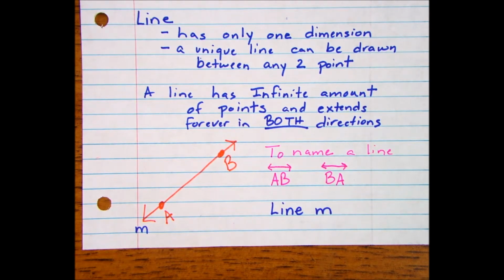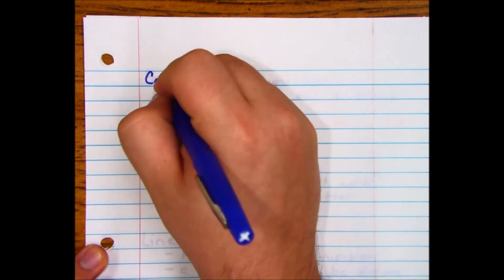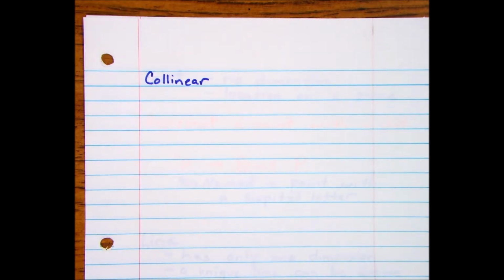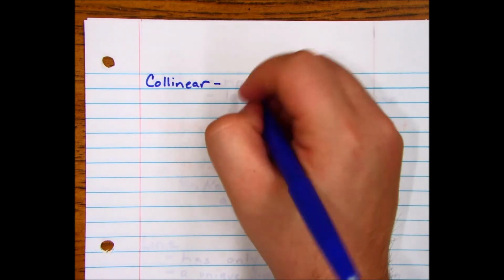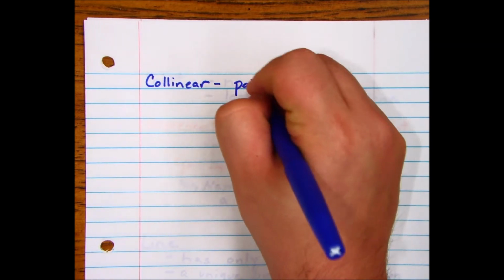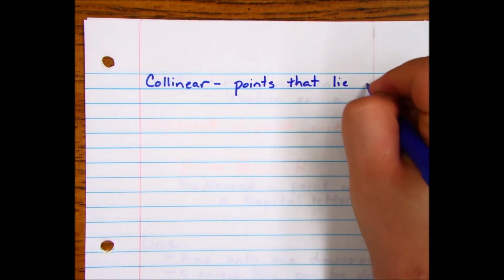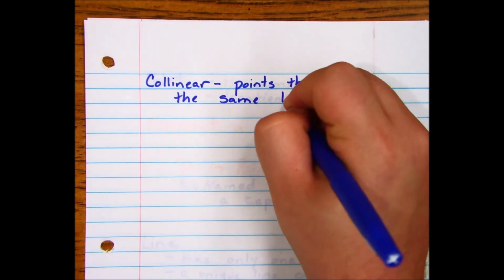Now, a few things here that we are going to have to know. First major thing is the word collinear. Collinear is the word that we use to describe points that lie on the same line.